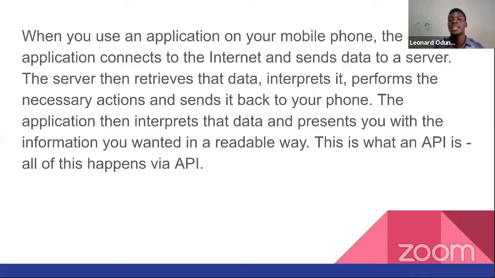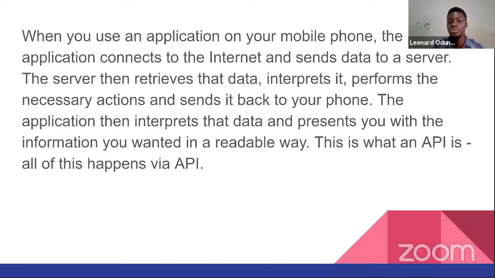The application then interprets that data and presents you with the information you want in a readable way, because the application that you build with the use of the API will decode the JSON data that is being sent to raw text that can be consumed by a regular user. So there are different types of APIs. We have database APIs.